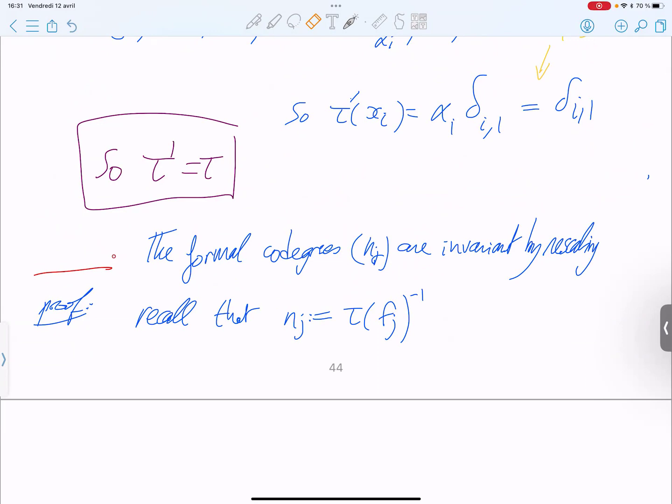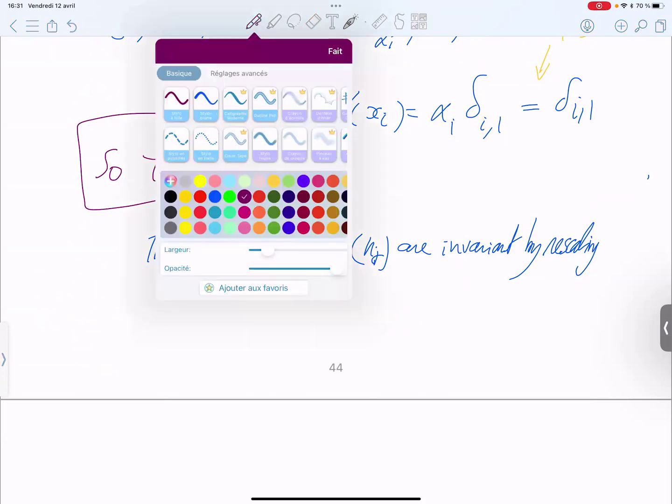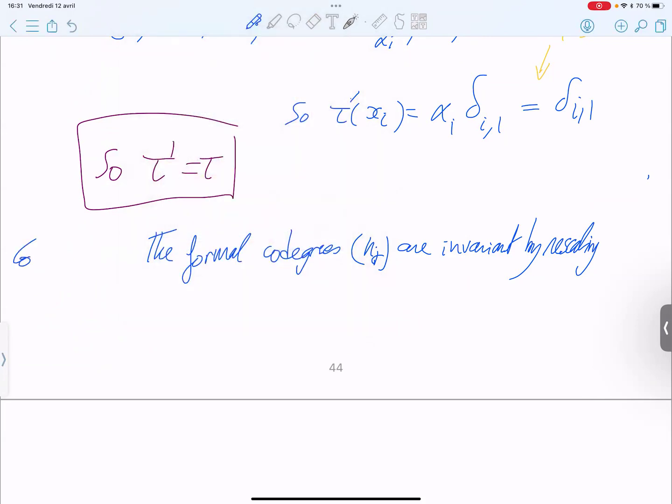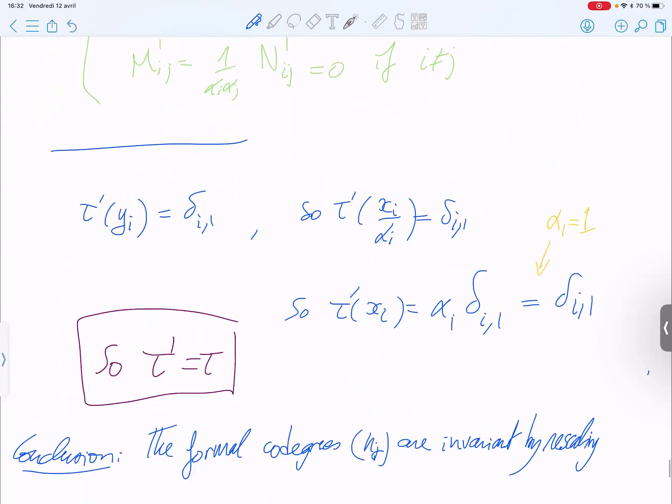It follows that the formal codegrees are invariant by rescaling because remember how the formal codegree appears.